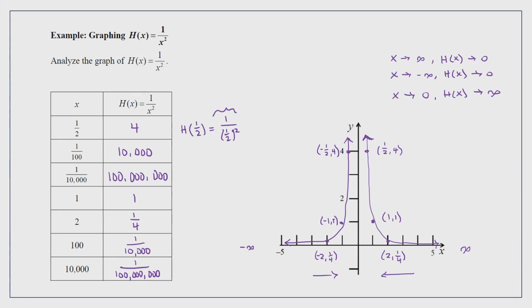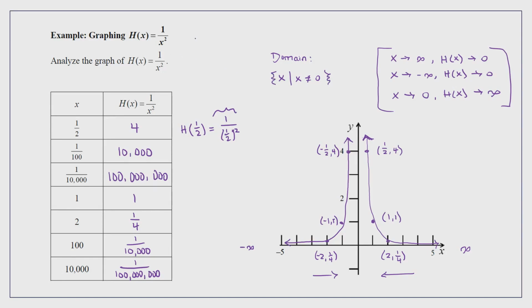All right, so the domain of this function, okay, so this is our analysis. The domain of this function is going to be all x values except for when x equals 0.